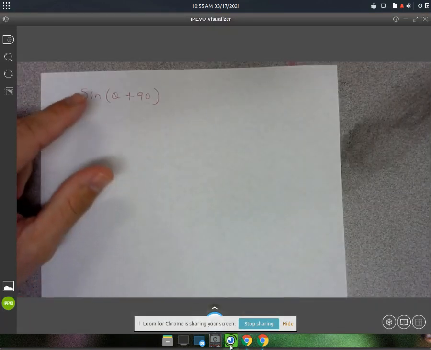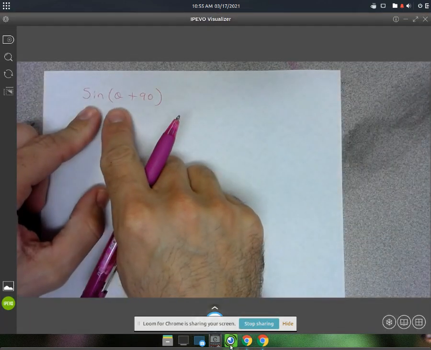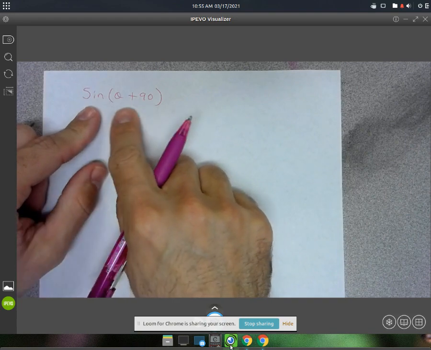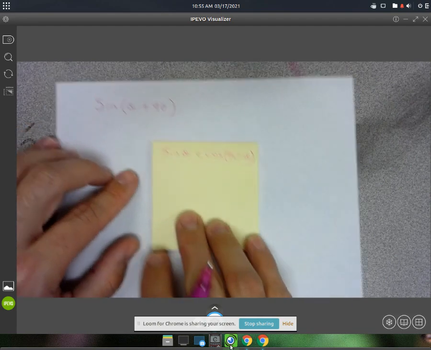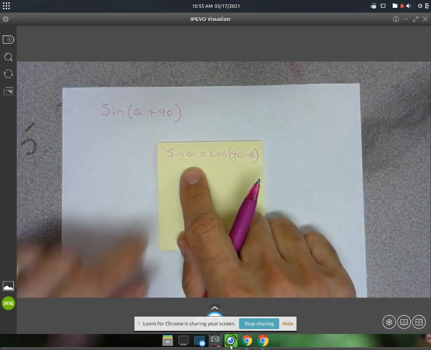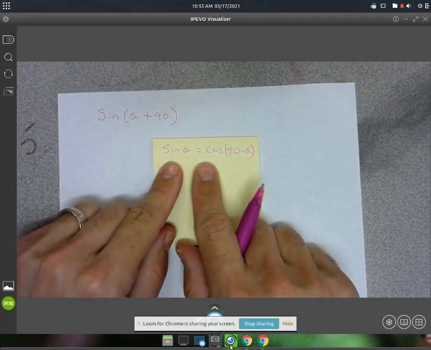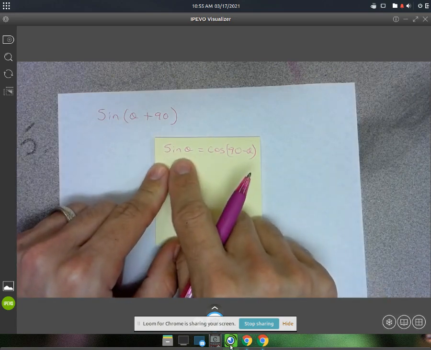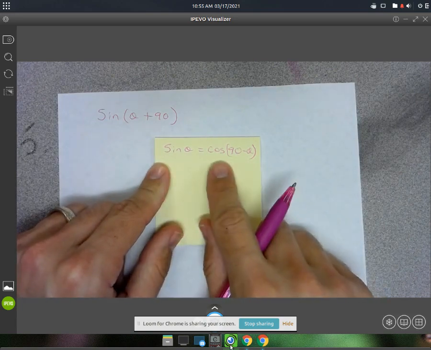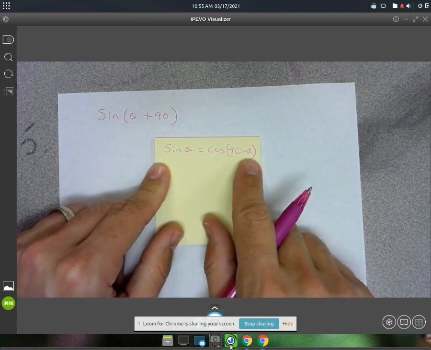Okay. So we're gonna simplify sine of theta plus 90. So not a minus here. This time we're adding 90 to it. You remember once upon a time we had looked at this little identity? We could rewrite sine of any angle as cosine of 90 minus that angle.